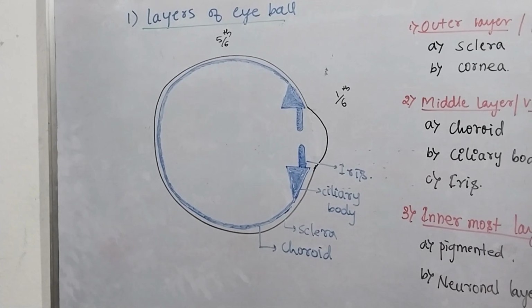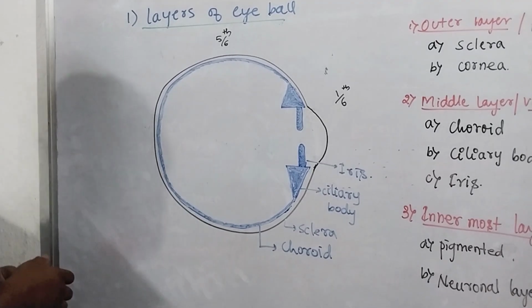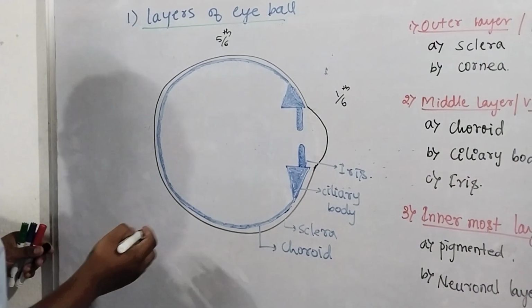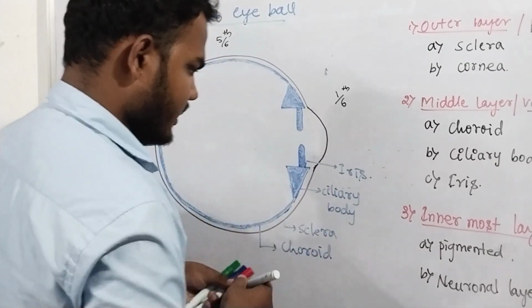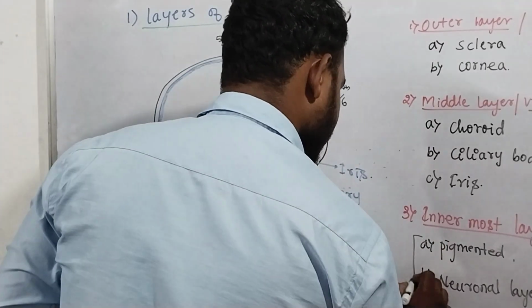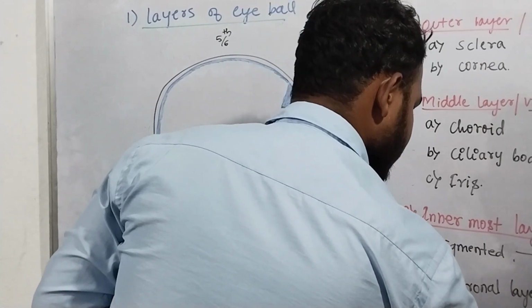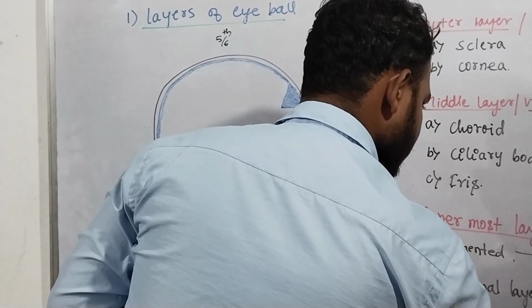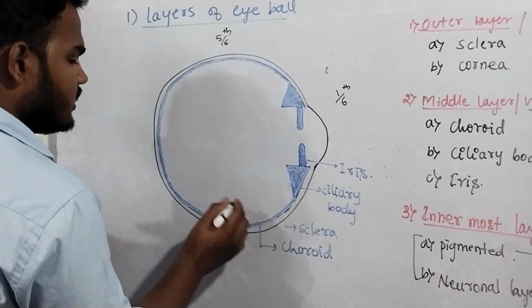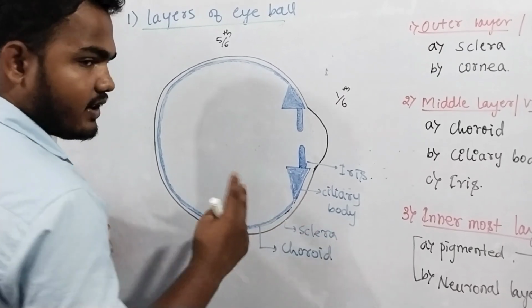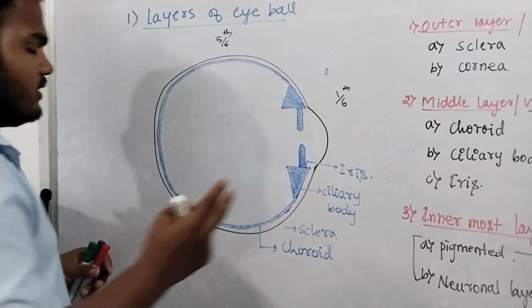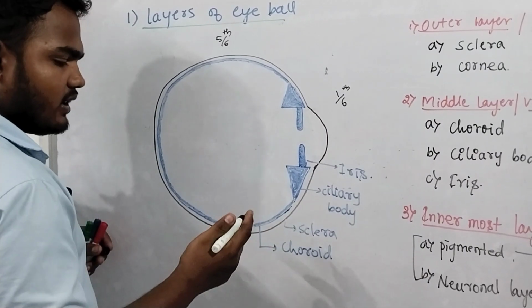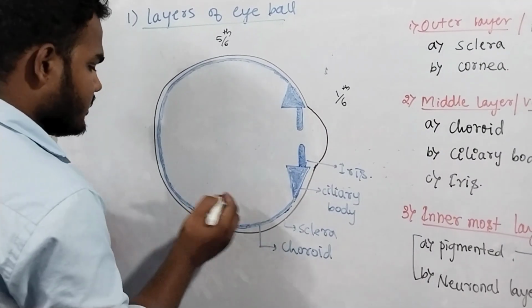Okay, now let's see here. The innermost layer is the retina. It comes under the subheading of retina. The retina has two layers basically. The outer layer is the pigmented layer.